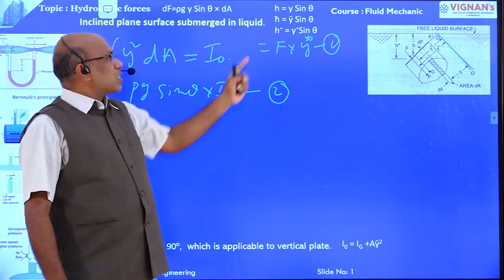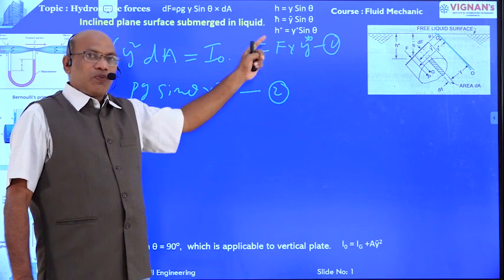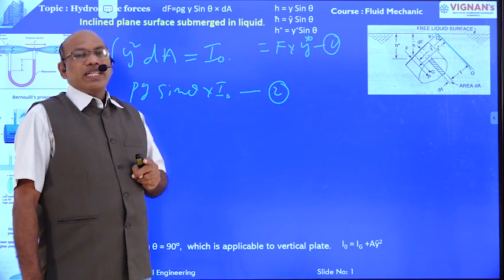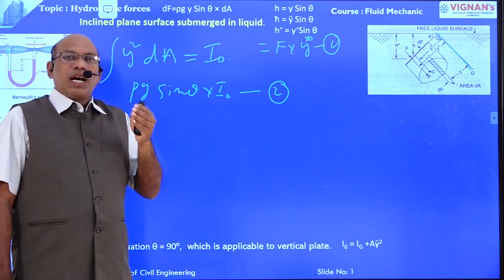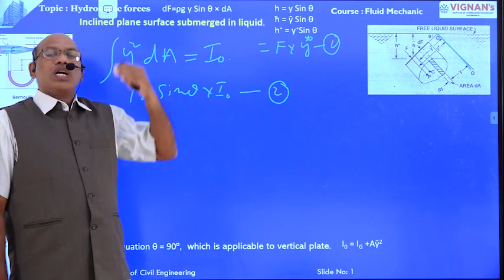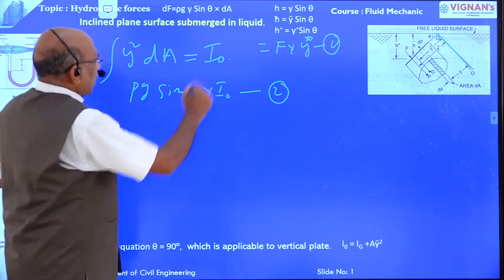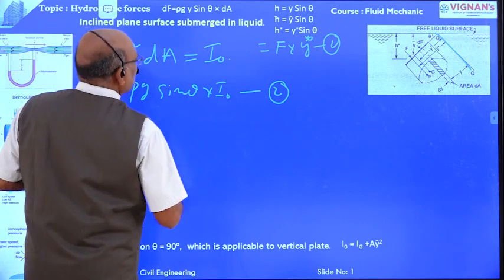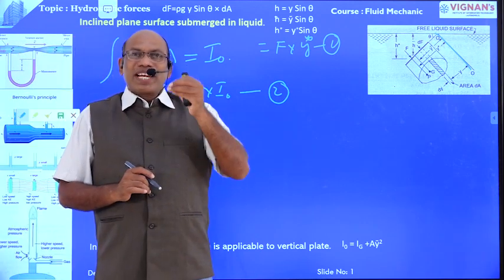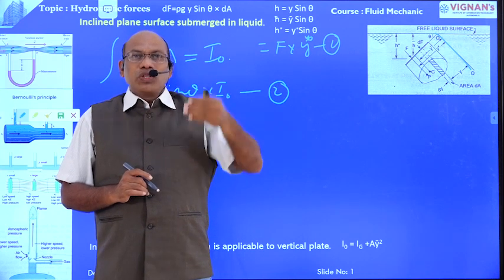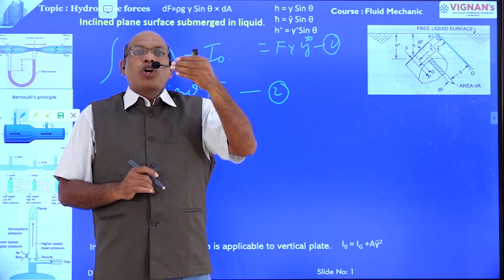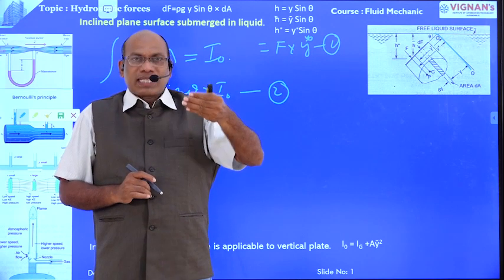Now, equating equation number 1 and equation number 2, finally we get the center of pressure, that is, the distance between the point of application of total pressure and the free surface. The principle of moments states that the moment of the resultant force is equal to the sum of the moments of the components about the same axis.